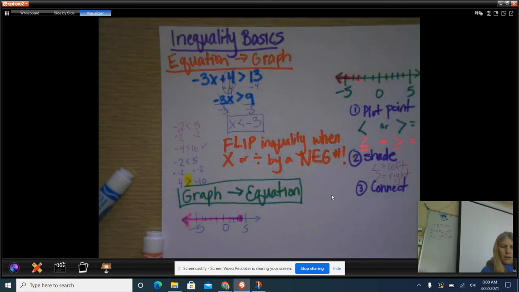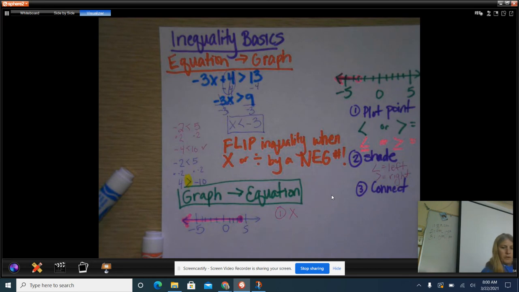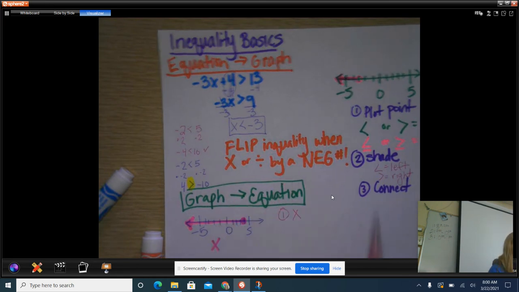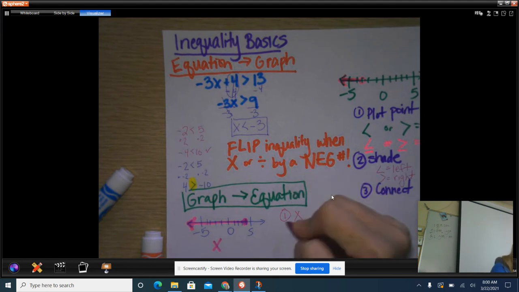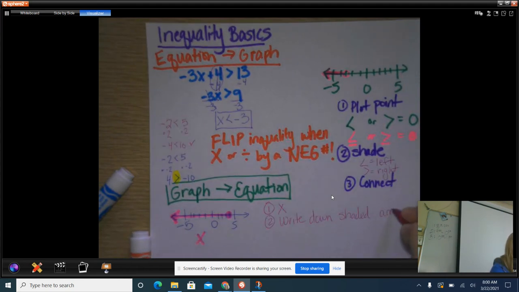Okay. So step number 1 to make this happen is to simply write down an x. Easy enough. So we're going to write x. Step number 2 is write down your shaded arrow.